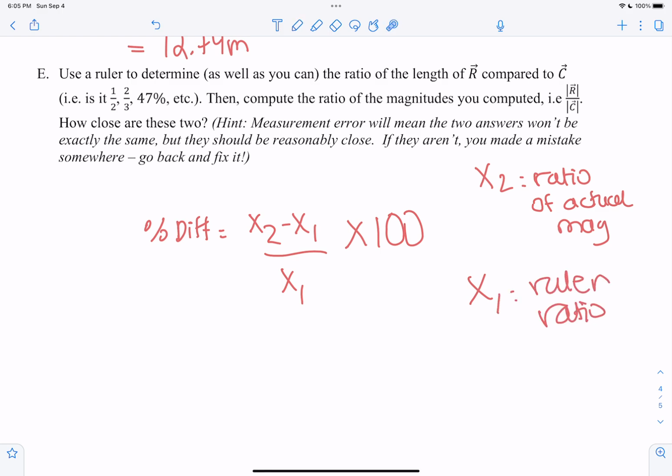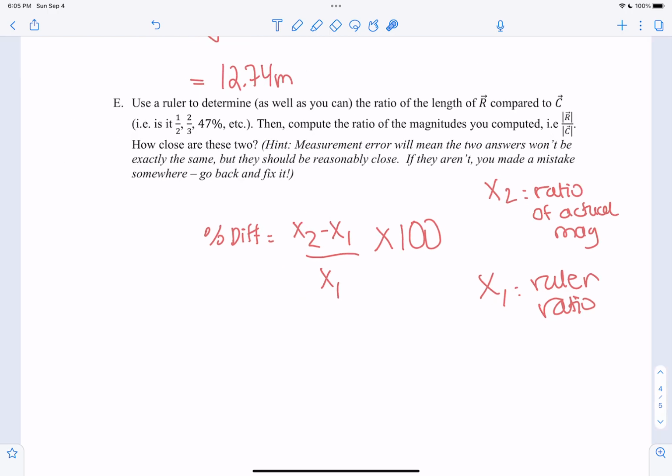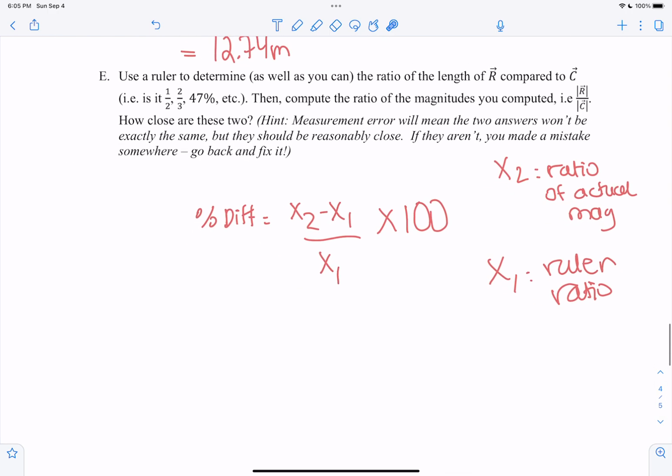If you measure it on a ruler, I think what I got for R was like 9 millimeters, and for C was 15. So 9 divided by 15, you get 60%, or 0.6. Because you got 0.72 or 0.715, you take the 72 minus whatever the ratio is for your ruler measurement, divide it by the value of the ruler ratio measurement, and then multiply that by 100, and that's your percent difference.